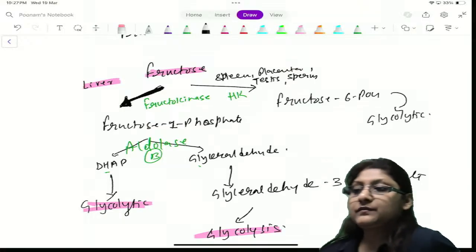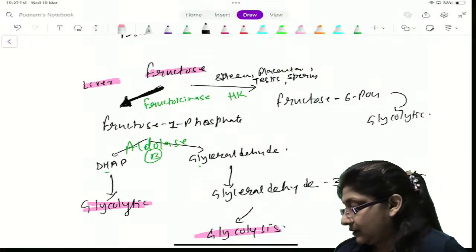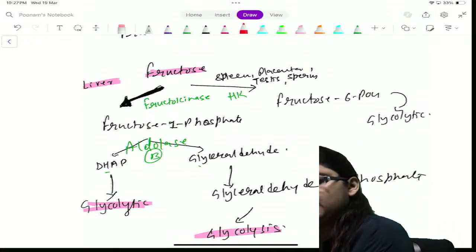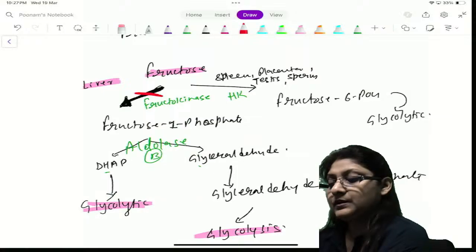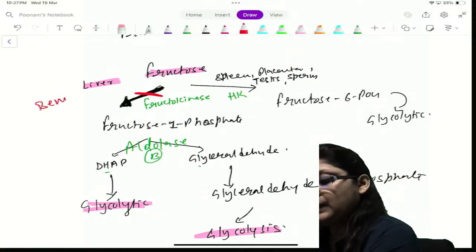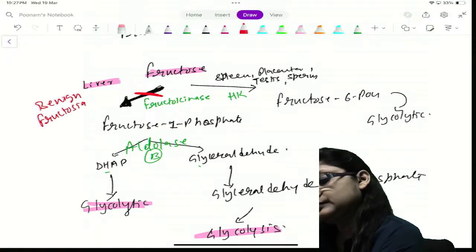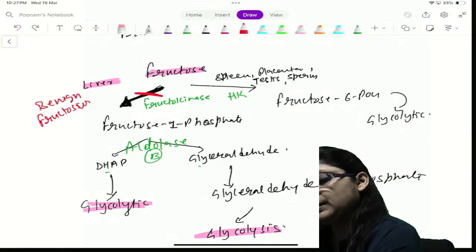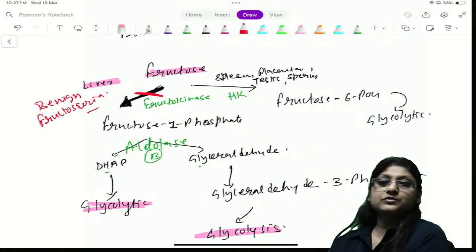Why we discuss this pathway in good detail is because deficiency of this fructokinase results in benign fructosuria, a condition where fructose is not metabolized.